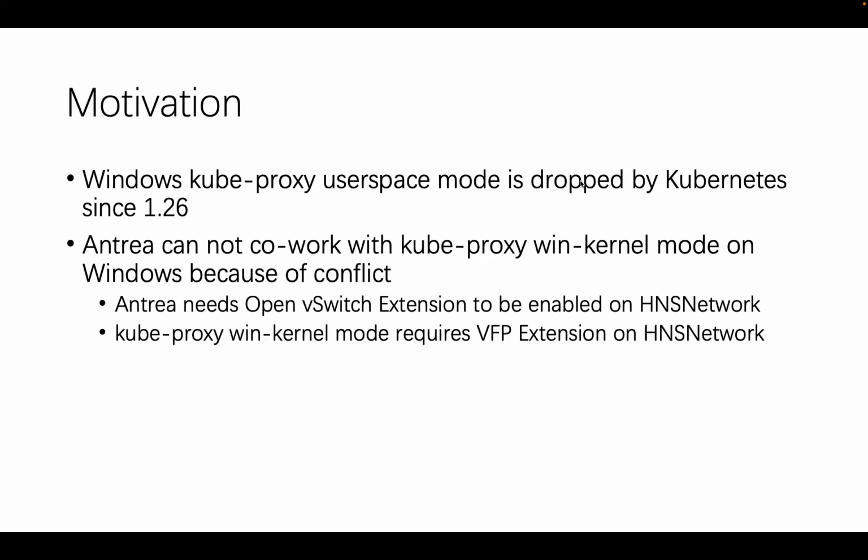It is different from the OVS extension. And for the Windows HNS network, it requires that only one extension can be enabled on a single network. So that means we have to switch to Antrea proxy all.